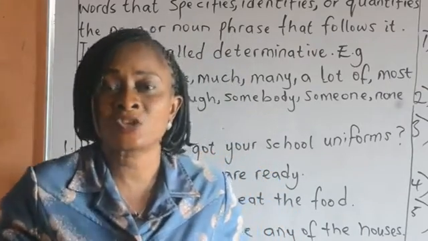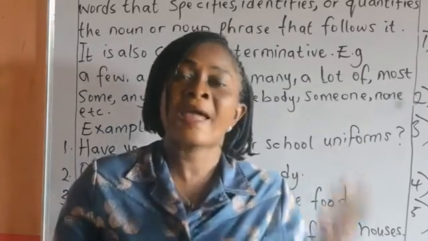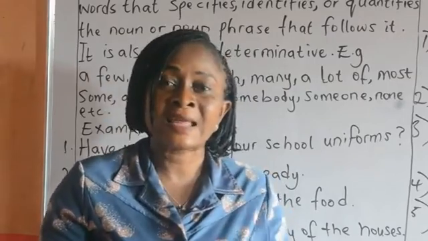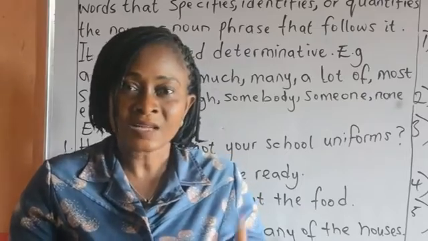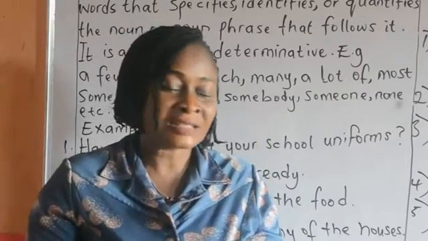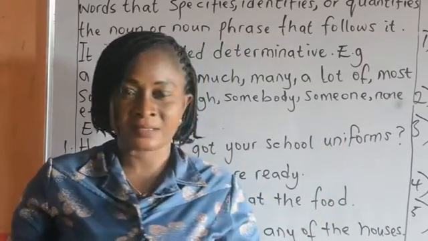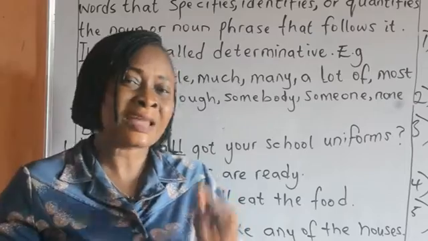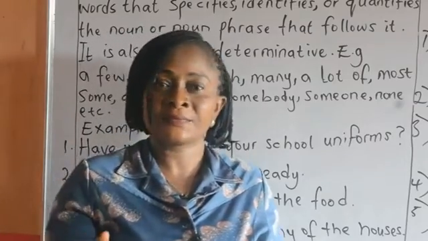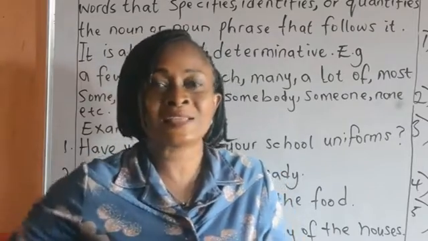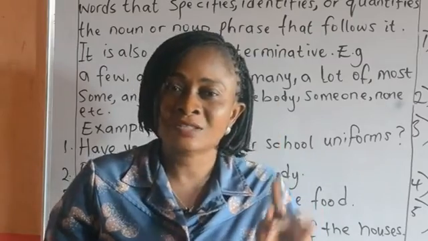The indefinite articles in English language are a, as in a, and the other word, an. So the indefinite articles a and an are examples of determiners. Do not forget, when you are using a, the first letter of the next word is a consonant.